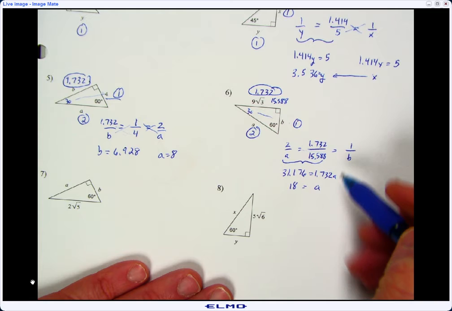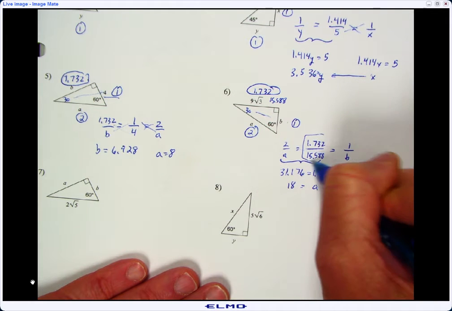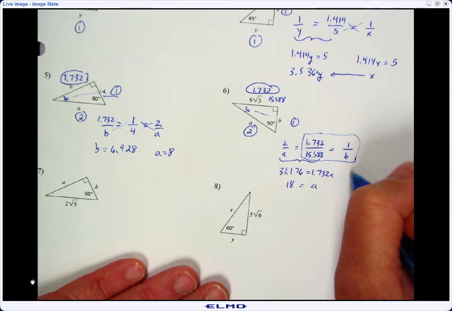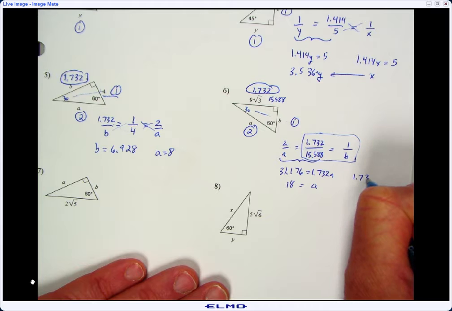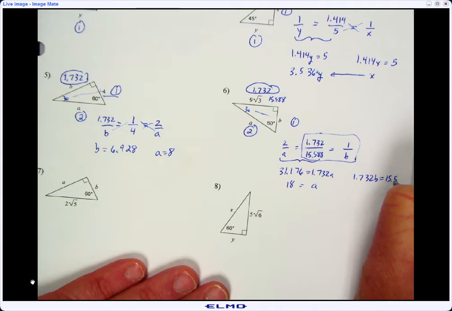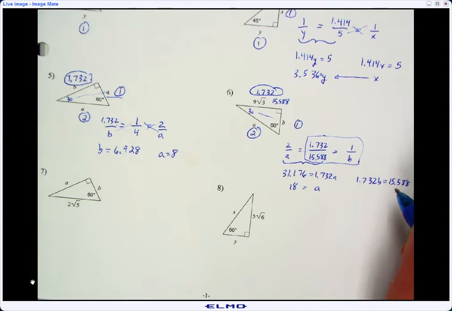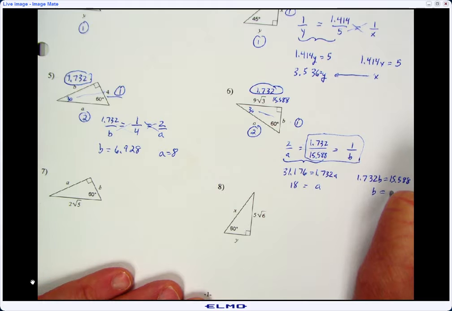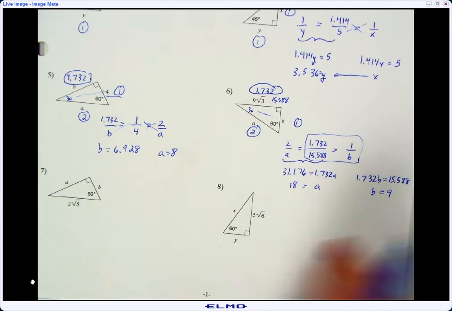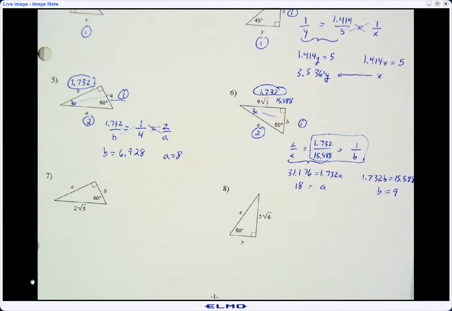You can still solve this proportion right here if you're not sure. 1.732B equals 15.588. And it comes out exactly to 9. And some of that's because we're using more decimal places. Some of that's just how the problem works out because of the ratio.